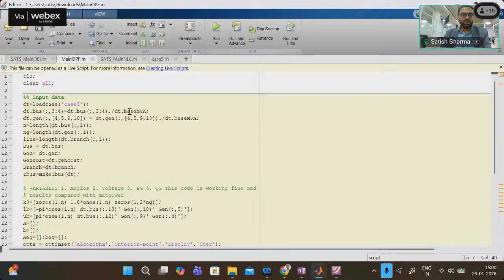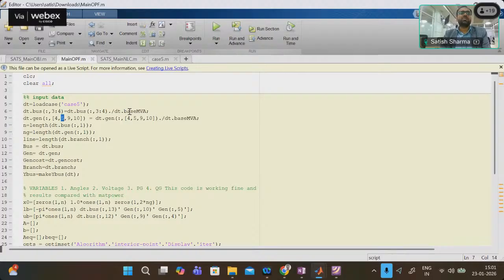Apart from that, we have to convert the generation into per unit, but generation is the output variable for us. So we will convert the generation limits into the per unit system. That is available in the dt dot gen data. So this is the data available, and in the fourth column we have Qmax. Then in the fifth column we have Qmin.